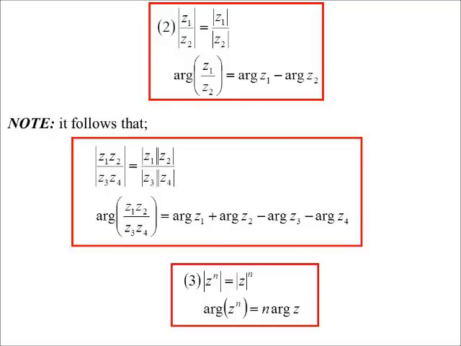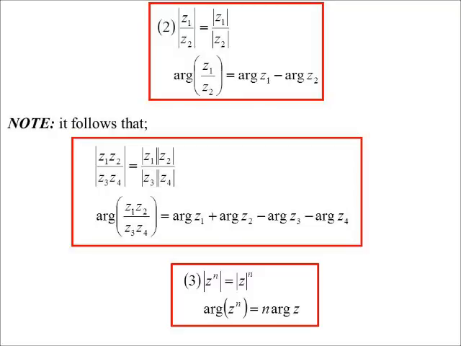And the third thing then, Z to the power of n. The modulus would be the modulus of Z to the power of n, because if you think about it, Z to the power of n is Z times Z times Z and so on, n of them.